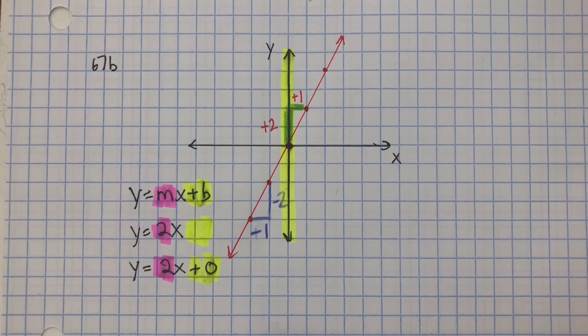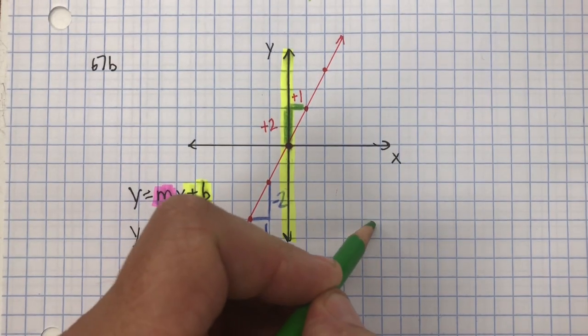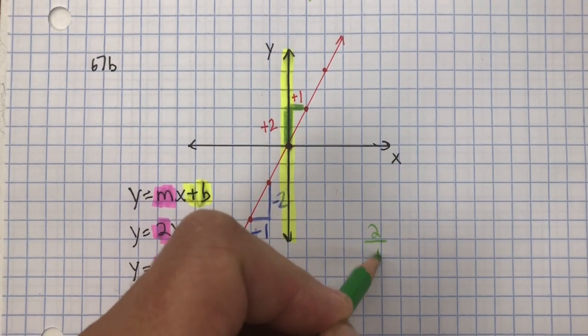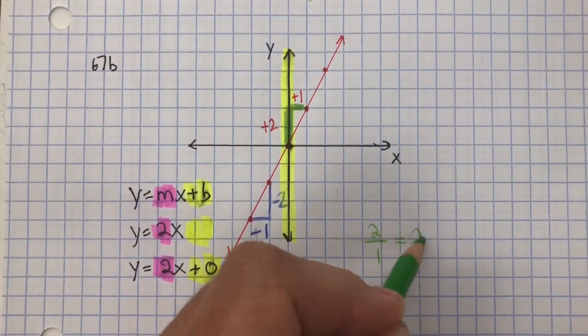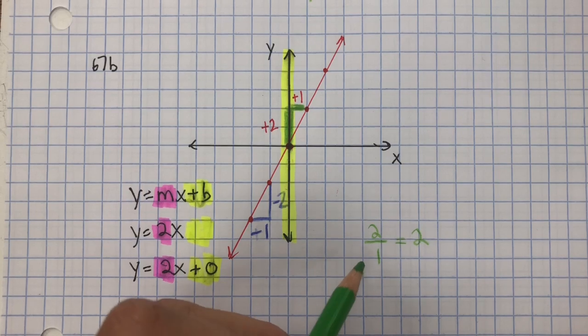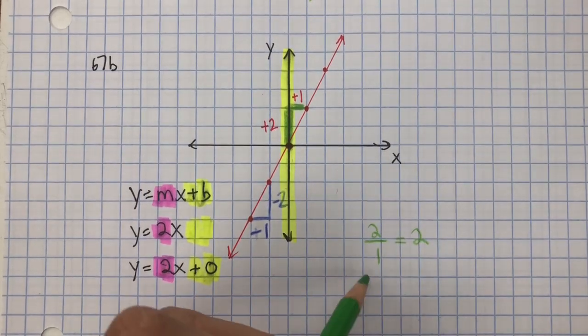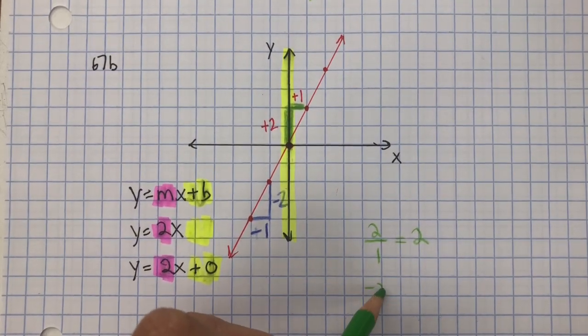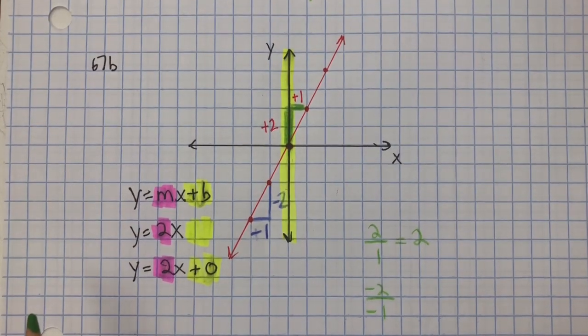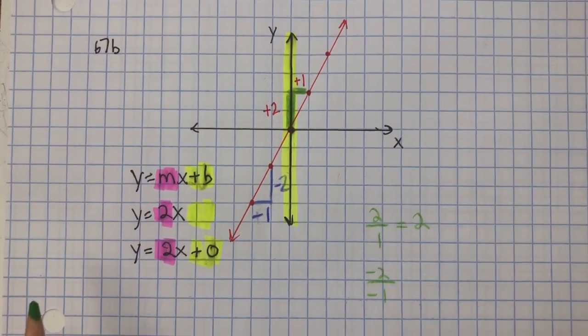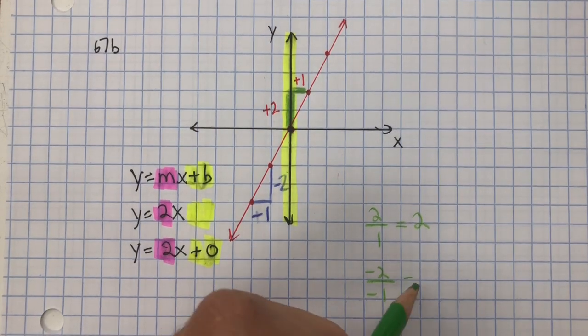Well, positive 2 could be written as 2 over 1, because 2 over 1 equals 2. Or I can write it as negative 2 over negative 1, because negative 2 divided by negative 1 equals a positive 2.